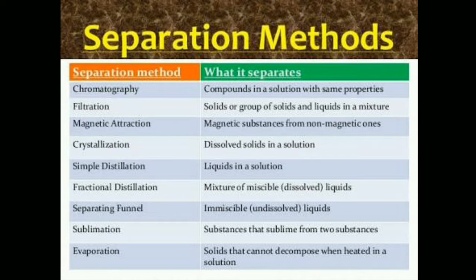Fractional distillation is also the same, where there is a change in between the boiling points. After that, the separating funnel: if a mixture of immiscible liquids is there, then we can use the separating funnel method. The sublimation method is used for sublime constituents. Evaporation is used for a volatile and non-volatile mixture.